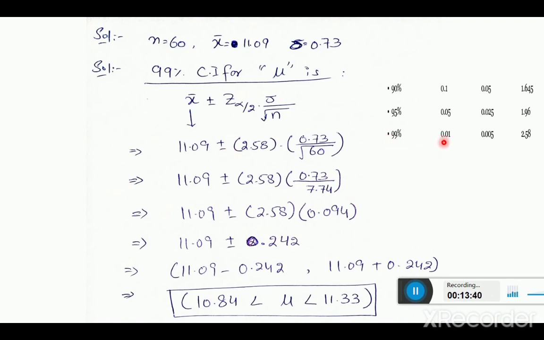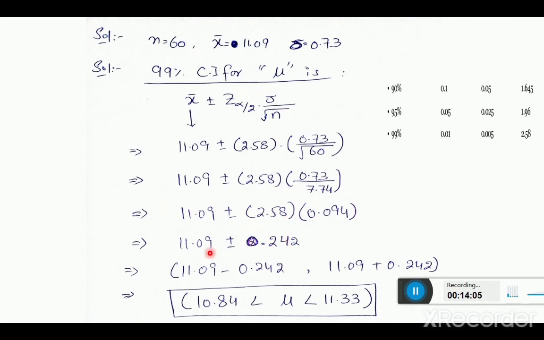For 99% confidence, the alpha is 0.01, and the value is 2.58. Put 2.58 instead of z alpha by 2. Sigma is 0.73 divided by under the root n, where n is 60. The root of 60 is 7.74. Dividing these two terms you will get 0.094. Multiply by 2.58 and you will get 0.242.